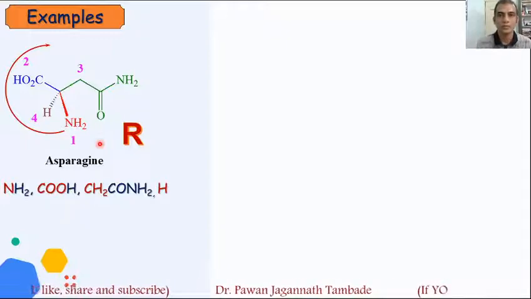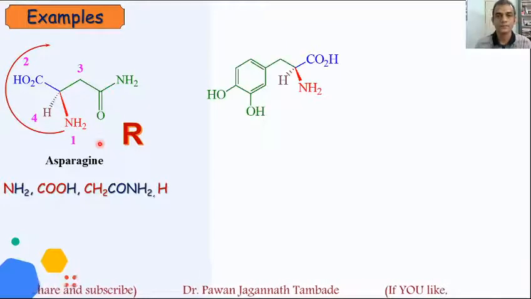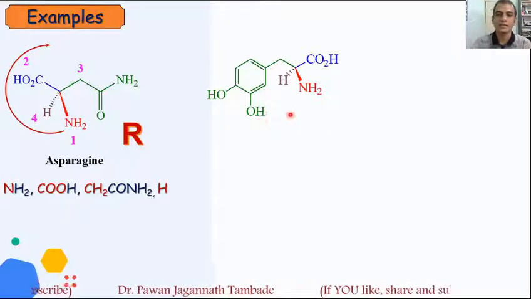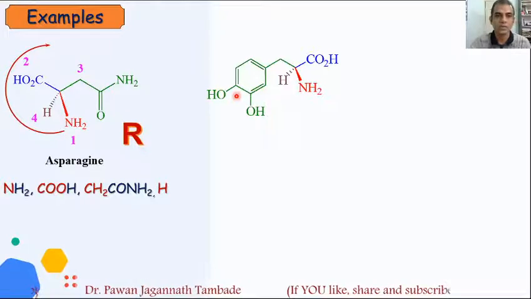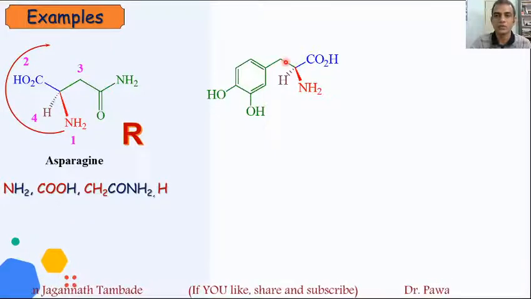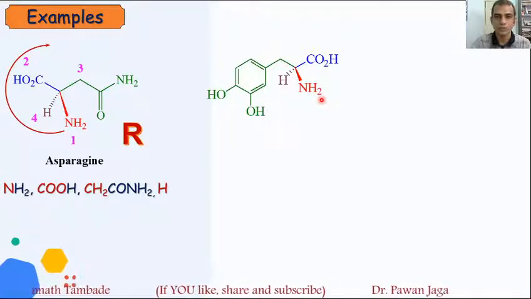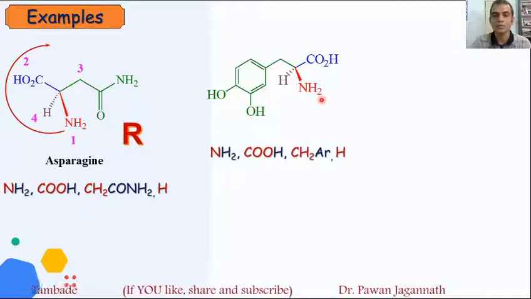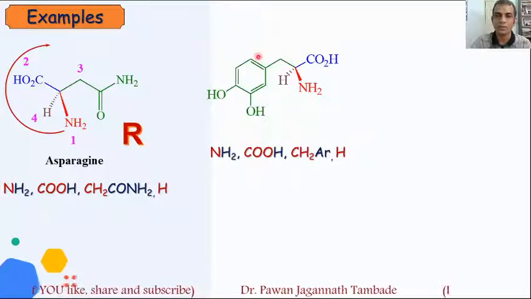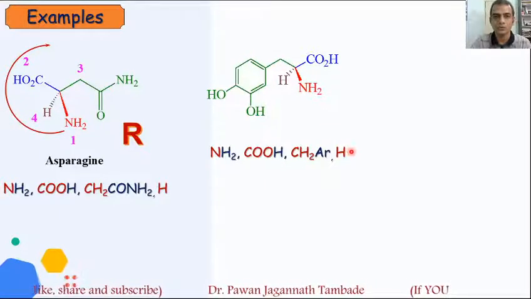Now let us move towards another example. Consider we are having this molecule and we want to assign R and S configuration to this molecule. Again, we need to look at the chiral center. So this is the chiral center where carbon is attached to 4 different atoms or groups. The 4 different atoms or groups which are attached are NH2, COOH, CH2Ar, that is this group, and hydrogen.